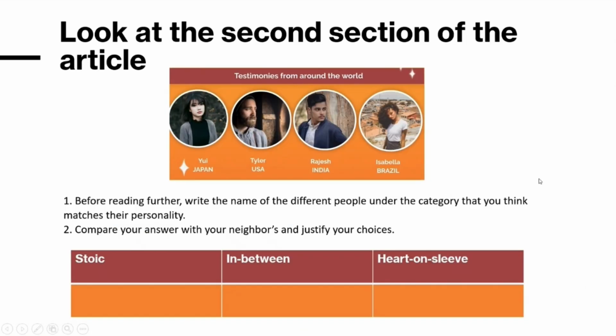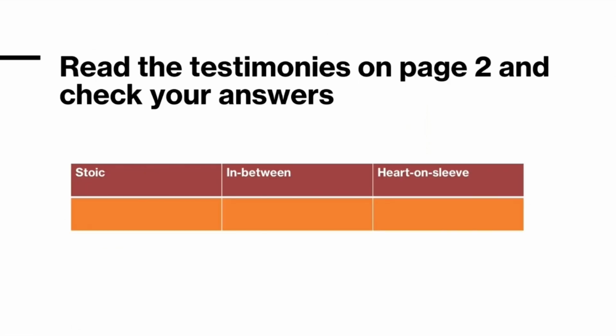So the second activity would be to look at the second section of the article, and before reading further, they look at the profiles of the people who give their testimonies. And they have to put them in either the Stoic box, in between, or Heart on Sleeve based on the information that they have at this stage. And then they read their testimonies and they try to check if they guessed right.